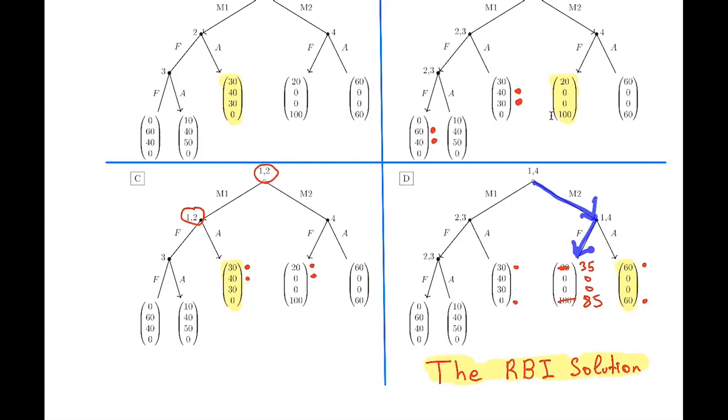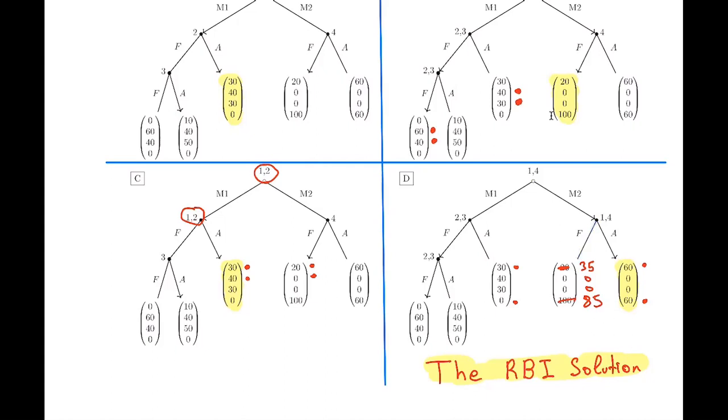In this case, notice that player 4 would not be willing to cooperate with player 1 because player 1 in the first place does not have any incentives to cooperate with player 2. And the reason is that here player 1 receives 30, whereas over there player 1 receives 35. So the coalition between player 1 and 2, which is shown in step C, would not be credible anymore. Therefore, player 4 is not willing to cooperate. Okay, the final outcome would be this.